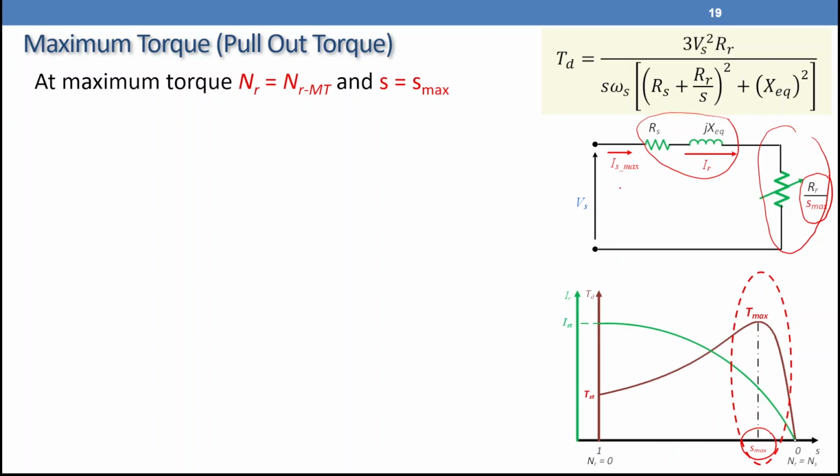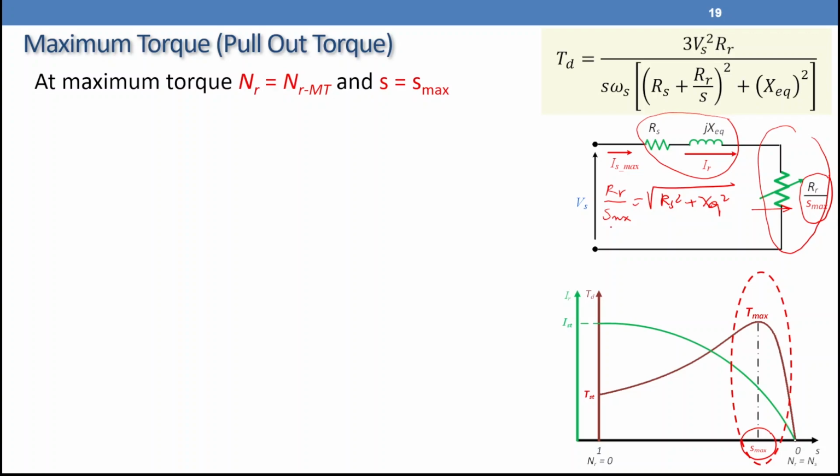So in this case, to have maximum power transferred to R rotor over S maximum, R rotor over S maximum should equal the square root of R stator square plus X equivalent square, as if we have Z Thevenin here, R stator and X equivalent. So why do that? When we maximize the power going to R rotor over S maximum, this means we maximize the air gap power. When we maximize the air gap power, we maximize the developed torque.